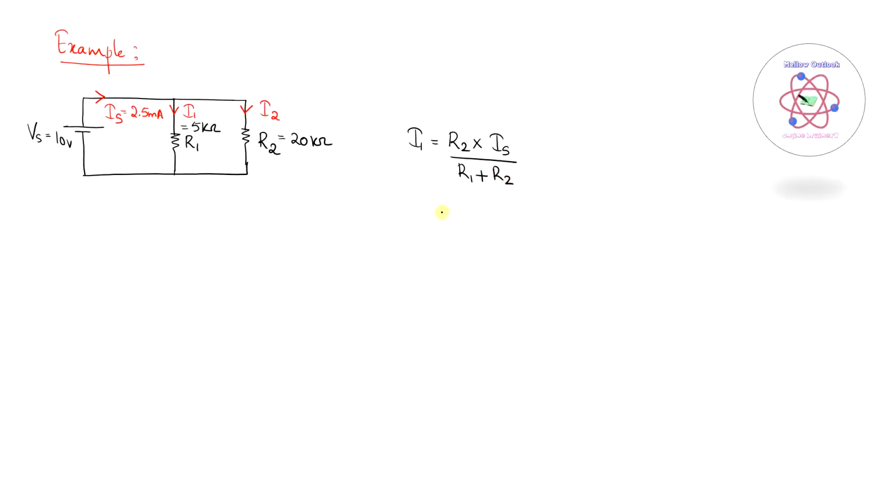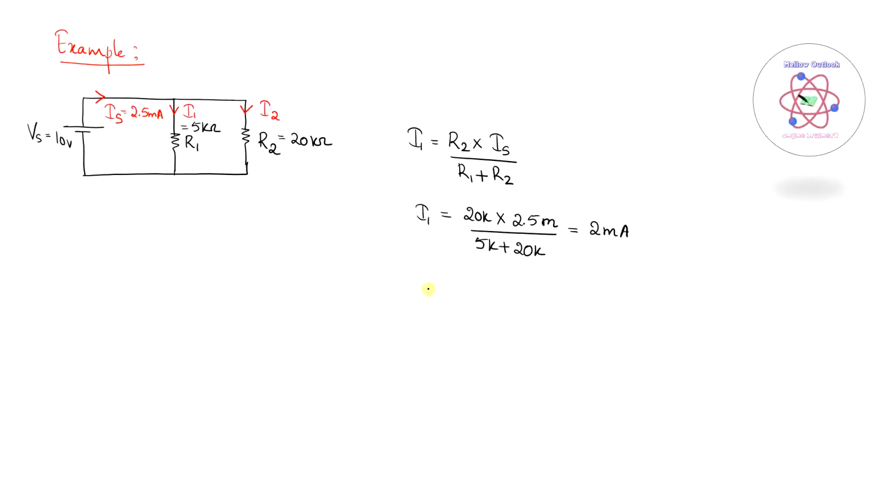So in this case it is going to be 20 kilo multiplied with 2.5 milli divided by 5 kilo plus 20 kilo ohms. So that is equal to 2 milliamps. So the current I1, as you can see, is equal to 2 milliamps.